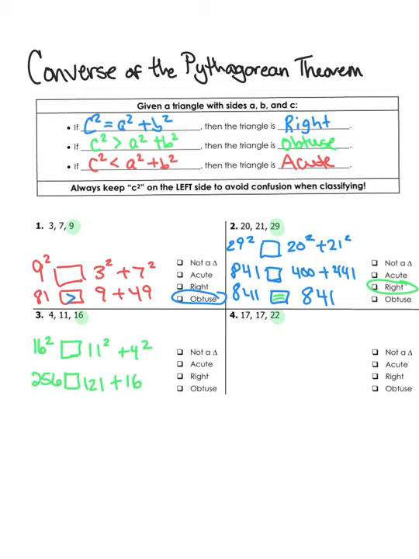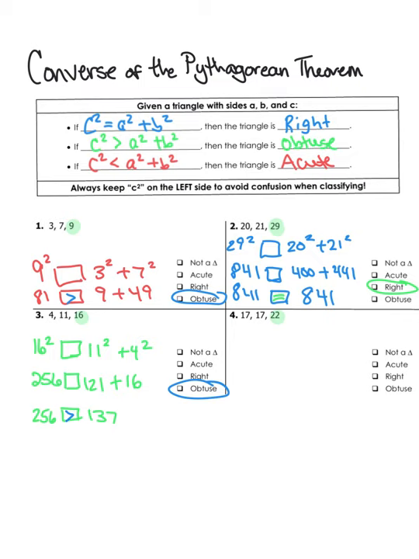Well, 121 plus 16 is 137. And 256, what's the relationship between 256 and 137? Well, 256 is greater than 137, so we know that this is an obtuse triangle. Or at least it should be an obtuse triangle.